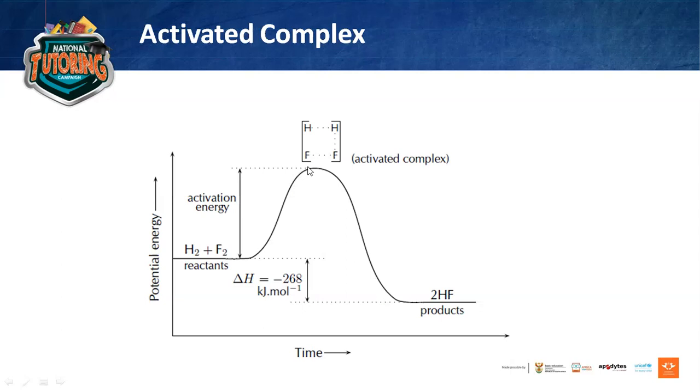And on the activated complex, you see all the bonds are broken up. Now we've got H and H, F and F. We don't have H2 and F2 anymore. So these bonds are broken down, and now they start to form a new bond, which is going to be our 2HF. Okay.